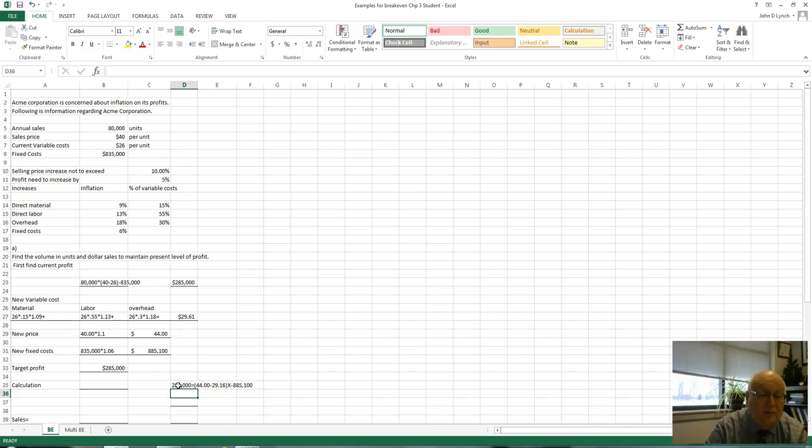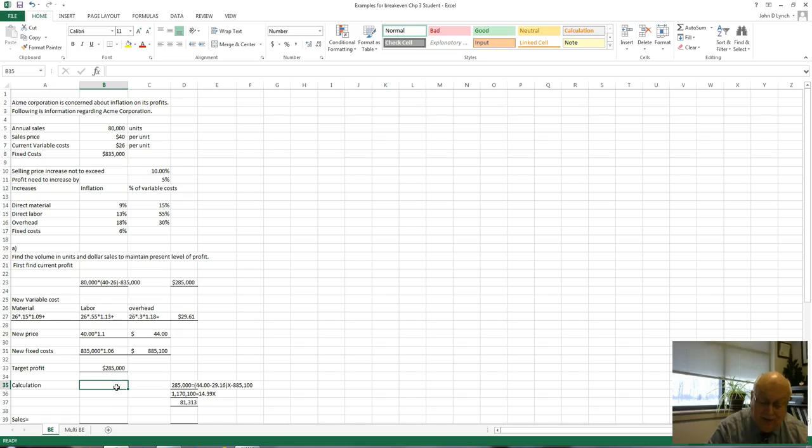Now we add 885,100 to both sides, and that will give you 1,170,100 is equal to 14.39x, because you take $44 minus $29.16, and then you divide both sides by 14.39, and that gives you 81,313. And I didn't type in 81,000, I typed in 71,000. So 81,313 is what that gives you.